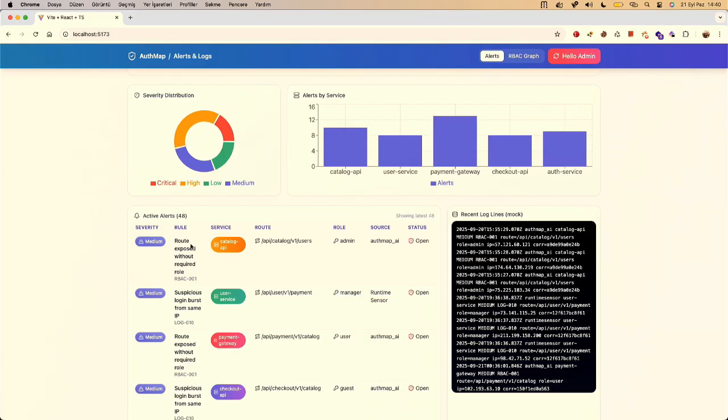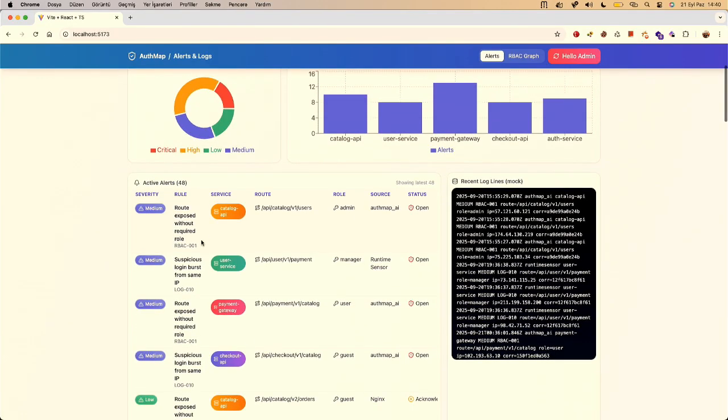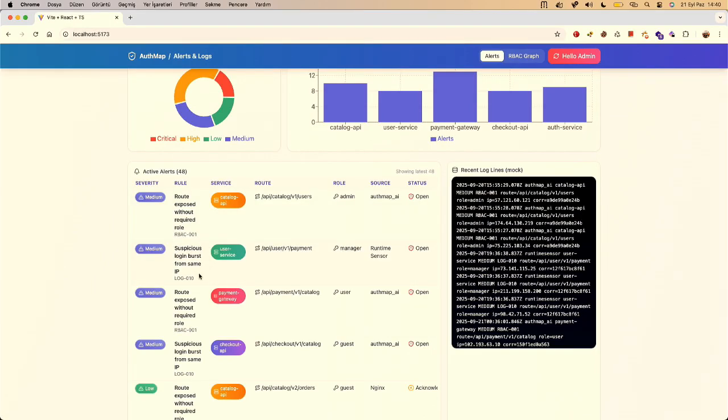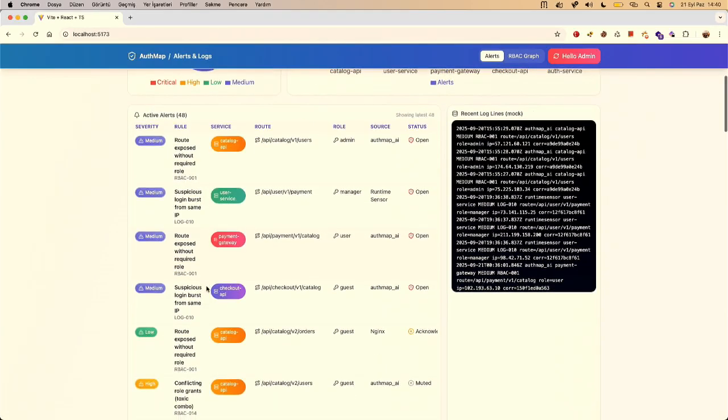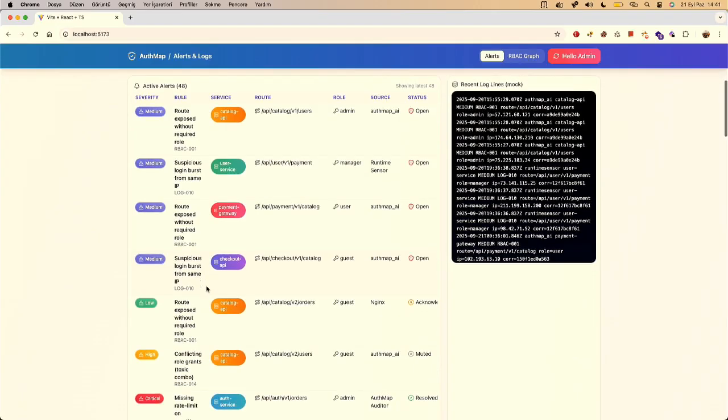For example, SQL injection or XSS attacks or other attacks you can see, because we get data from source code and Nginx web application logs.